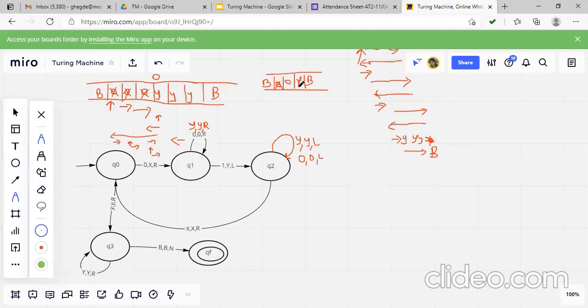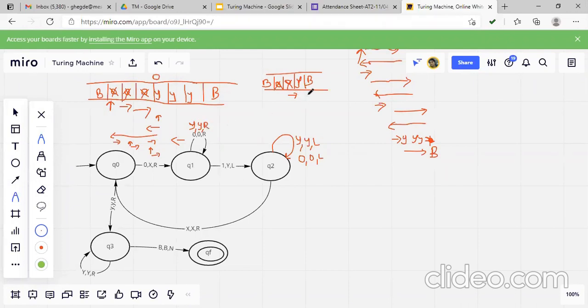I got a 1, make it y and move left till you get an x. After x I got a 0, right? So make it x and move right, and move right. What did you get? You got y. Keep that y as it is and move right.